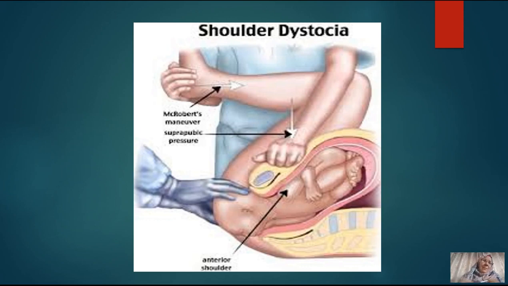One person is at the bottom end trying to deliver this baby, and then one person, in addition to the person doing the McRoberts procedure, also does anterior suprapubic pressure, and it is the person who's standing at the back, at the posterior aspect of the baby, so that it is done in a correct way and can be successful. So you can see easily you need a team in this situation. You cannot handle such an emergency on your own.